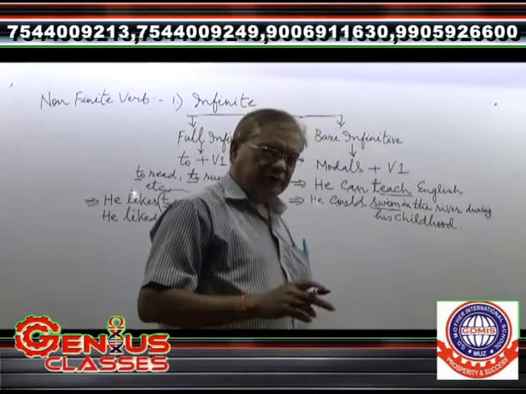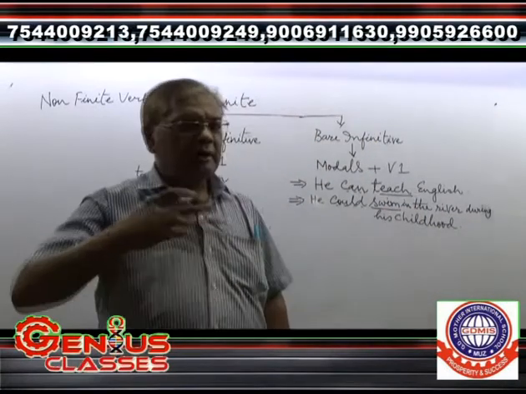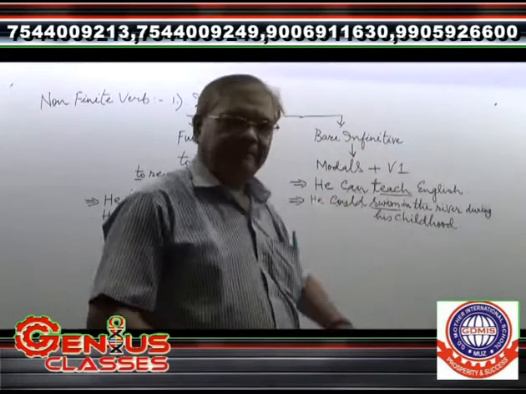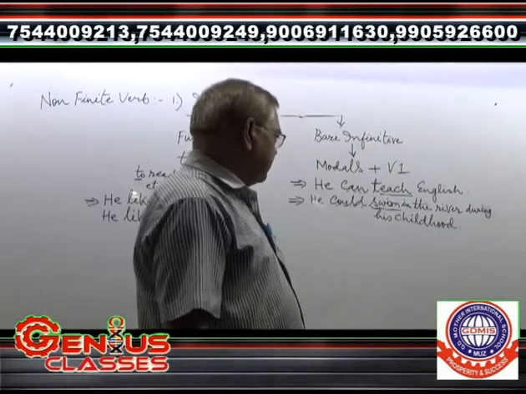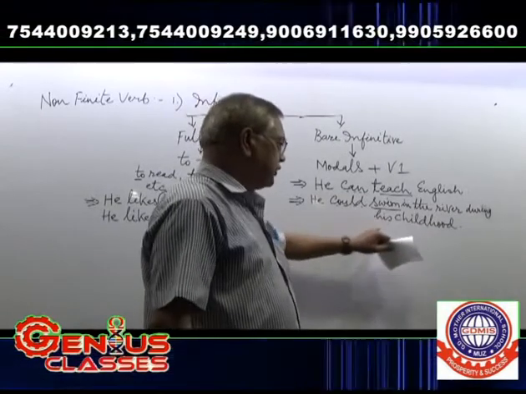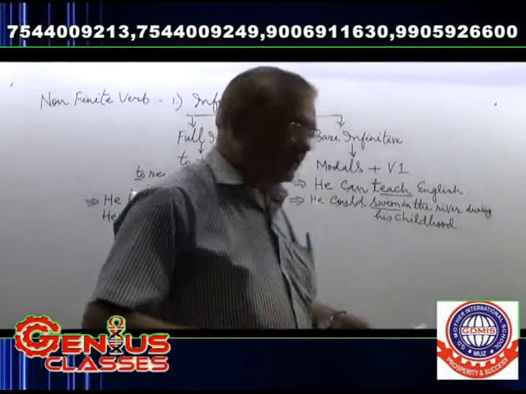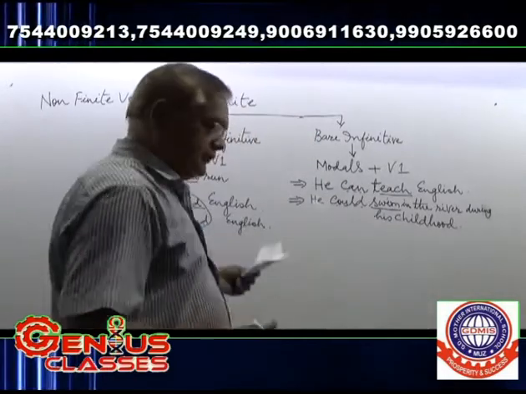That is, we always have to use V1 according to the formula, that is bare infinitive. He can teach English, he could swim in the river during his childhood. So these are the bare infinitives.